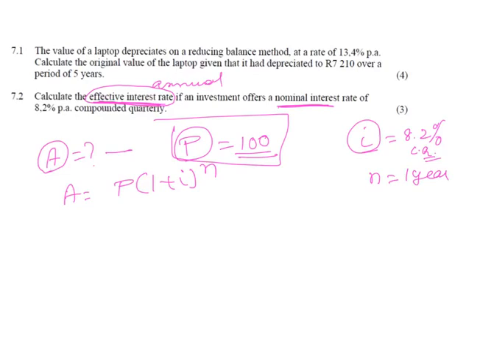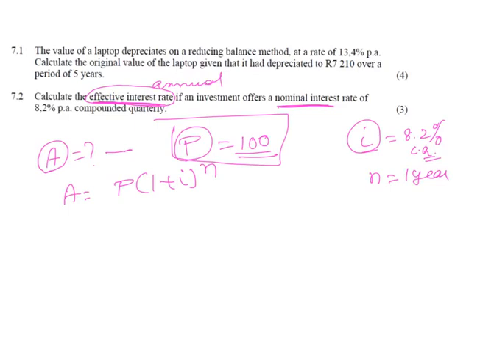I assume principal to be 100. Whatever principal is given in the question, I ignore that. I assume my principal to be 100 and my time as 1 year. We cannot calculate effective rate of interest for 5,000 rands for 2 years. We always calculate interest for 100 rands for 1 year. Always remember that one.